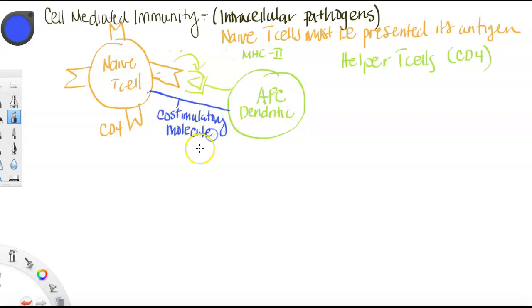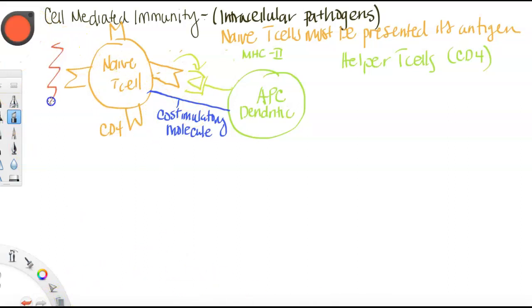And the co-stimulatory molecule must be there. And co-stimulatory molecules, there are going to be more co-stimulatory molecules for helper T cells than for cytotoxic T cells, because we need more helper T cells, because helper T cells activate other cells, including cytotoxic T cells, and of course B cells. So once the co-stimulatory molecule is there, then the naive T cell becomes activated.